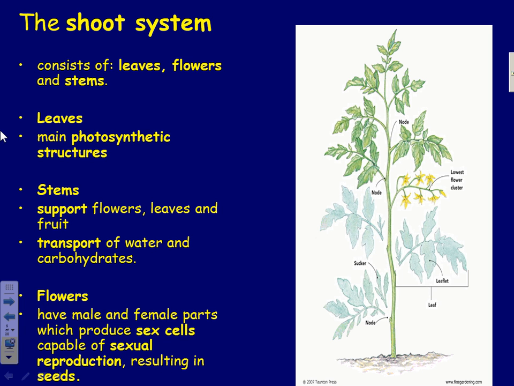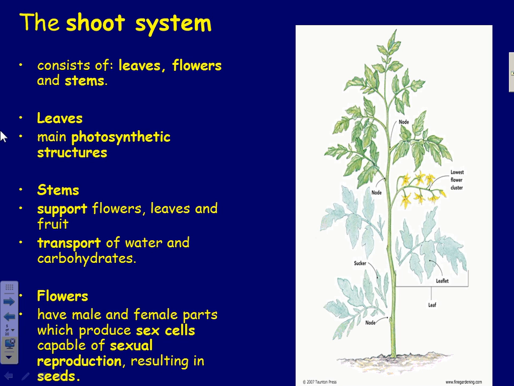And then inside the flower is the female part, and when that pollen pollinates the other half of the genetic information, you get seeds, which are typically stored in fruit, and those seeds then can be planted and create a new plant.